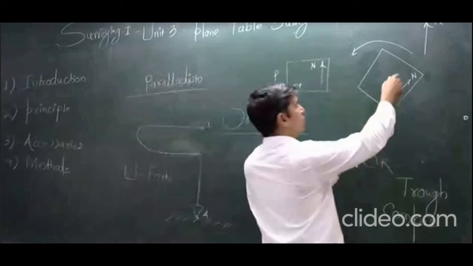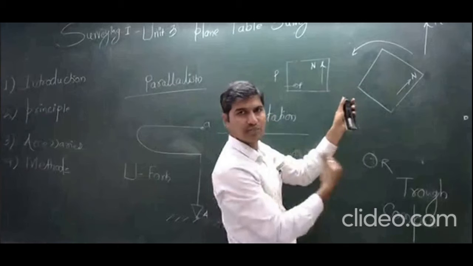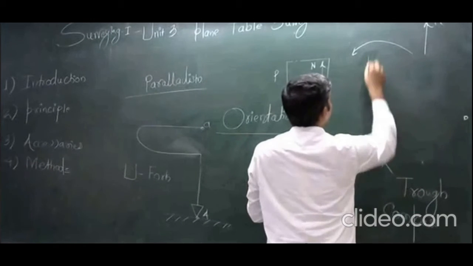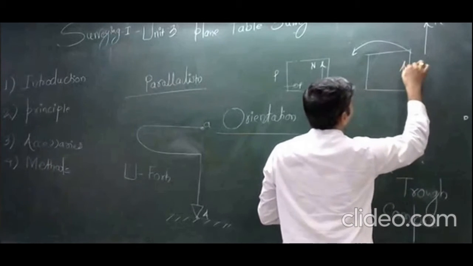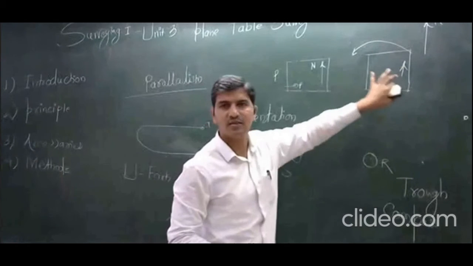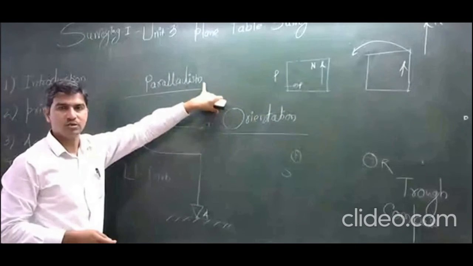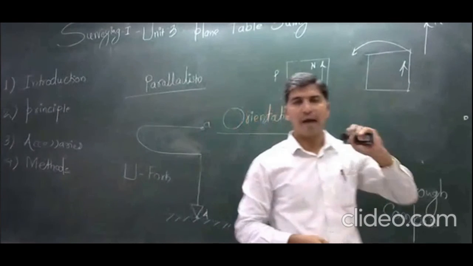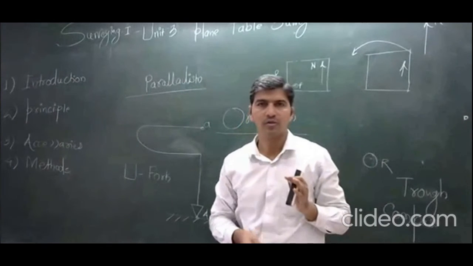So I will try to rotate this plane table by loosening the screw, and I will achieve the true position of north. This is your principle. Principle is keeping your plane table parallel to your previous positions.